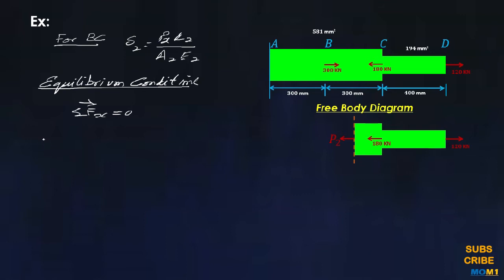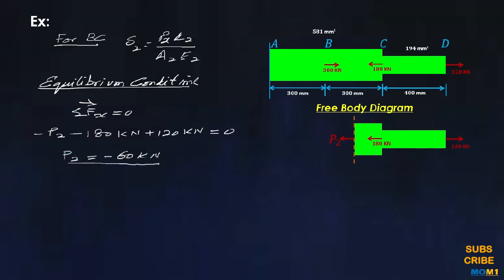So minus P2 minus 180 kilonewton plus 120 kilonewton equals 0. After solving this, we get this P2. This is minus 60 kilonewton.